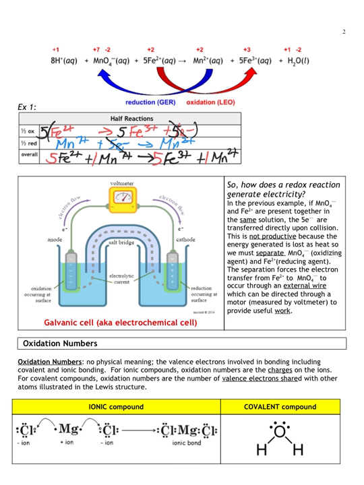And the really important part of doing this is to understand that there were 5 electrons transferred from the iron 2 plus to the manganese 7 plus.